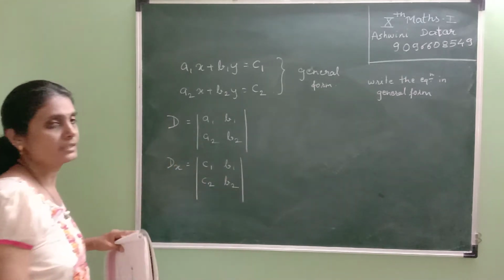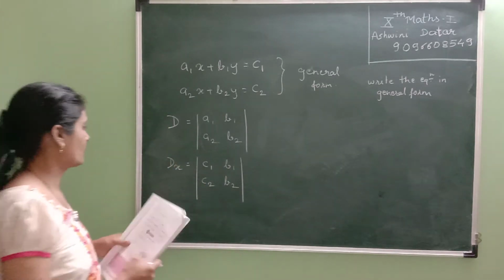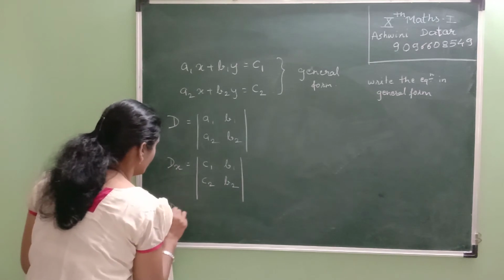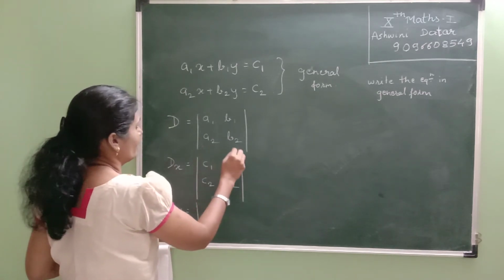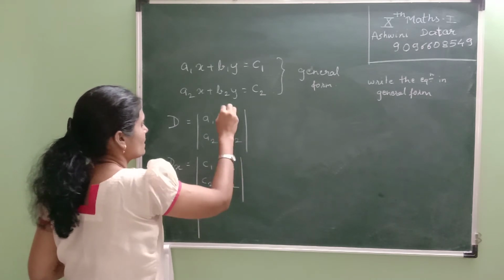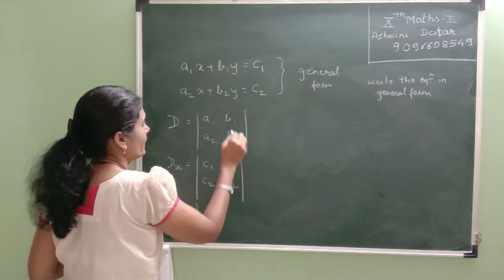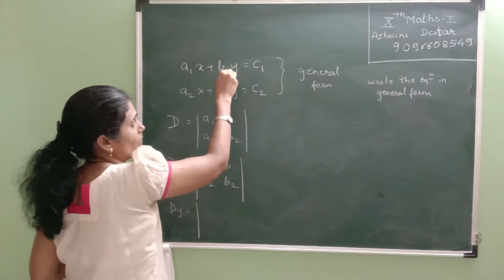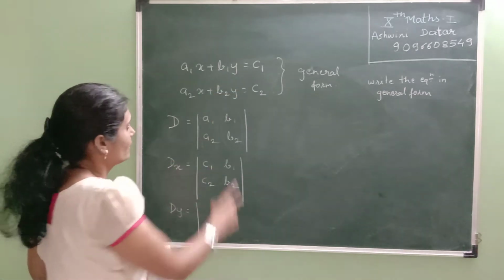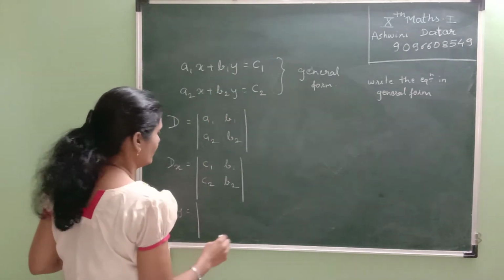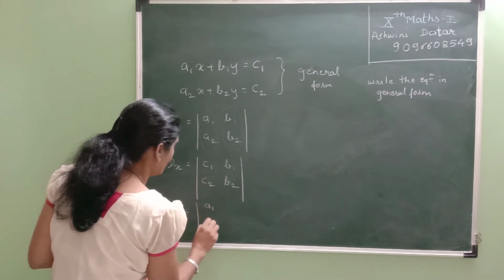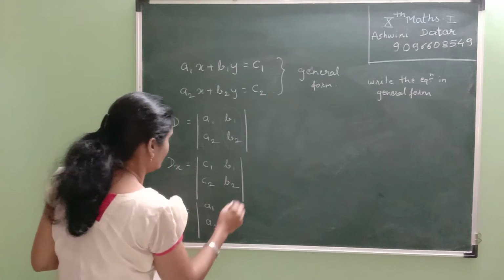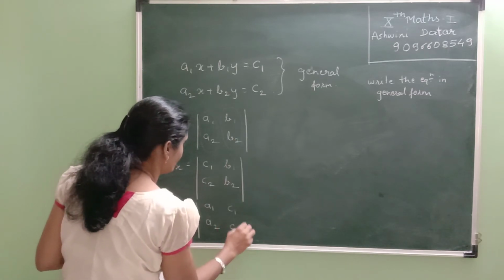This will represent the determinant Dx. And in the determinant Dy, the column of coefficients of y, B1, B2, has to be replaced by C1, C2. So I will get Dy is equal to A1, A2 and C1, C2.